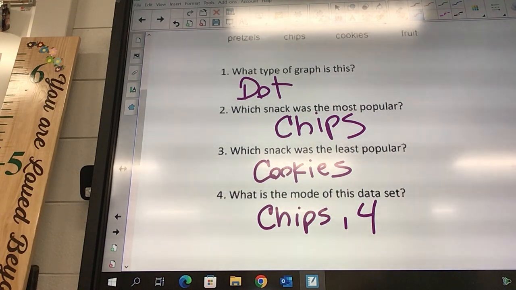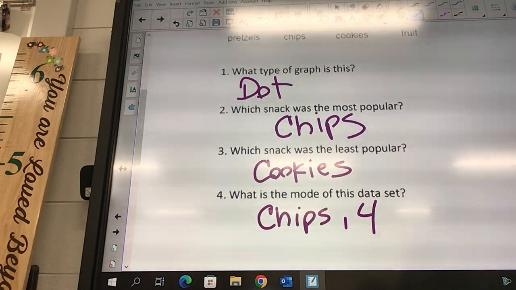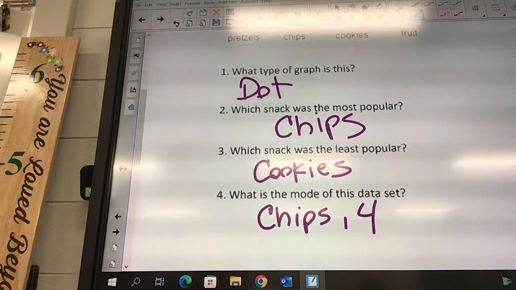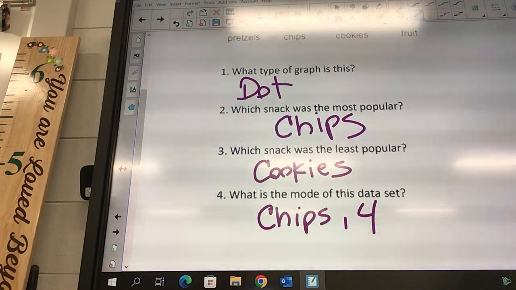Because again, if it's scaled, if each dot represents 10 people, then our mode would be what? If each dot represents 10 people and we have 4 dots, our mode would be 40. Okay, so you need to make sure that you're reading a scale, whatever that may be.